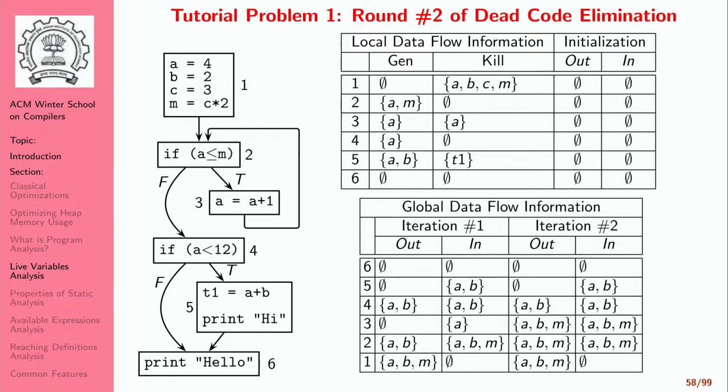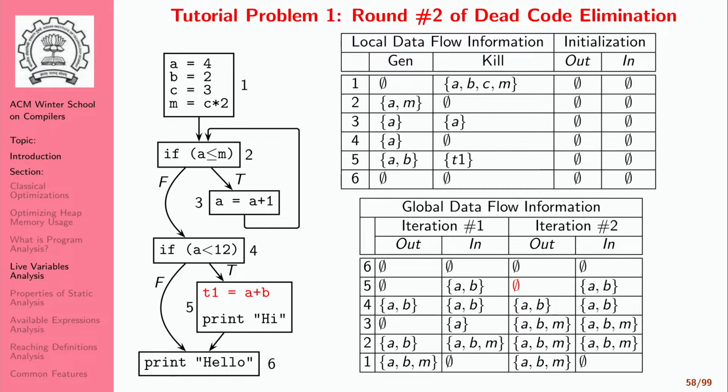Now we can do further optimization. Once again observe that out of 5 is still empty and there is no use of T1, so you can repeat liveness analysis. What will happen now? We will do this dead code elimination of T1 equal to A plus B. How will your liveness result change?